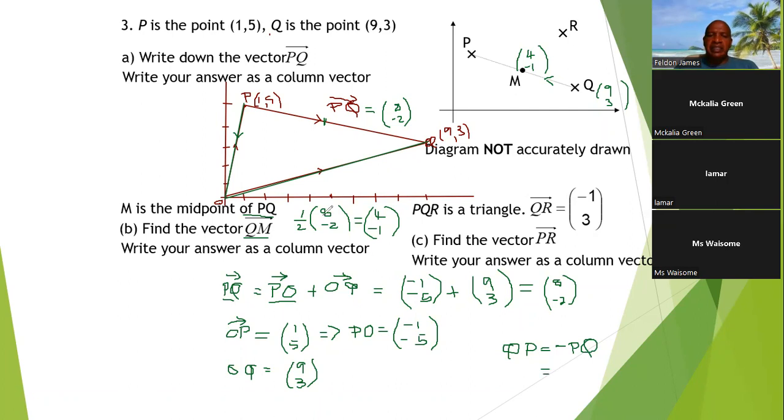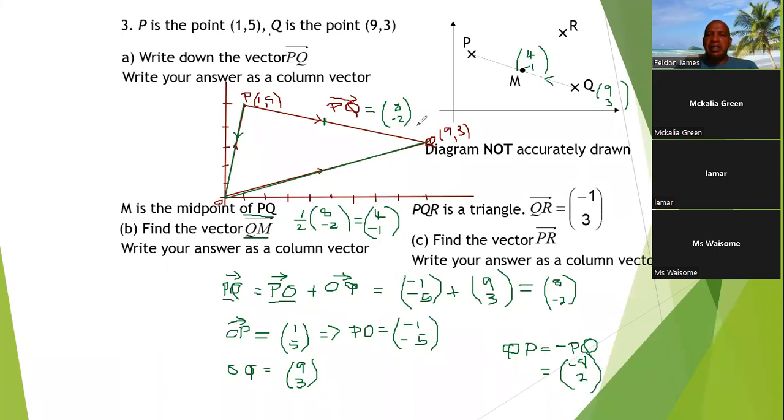Remember that this is what we worked out for PQ, so the negative of this will give you QP. So you would have negative 8 and positive 2.